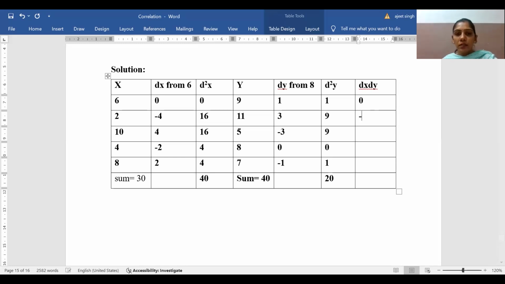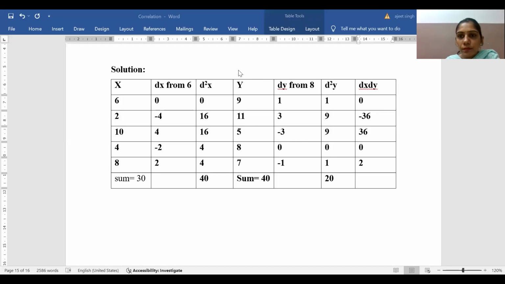Minus 4 into 3 is minus 12, 4 into minus 3 is minus 12, minus 2 into 0 is 0, and 2 into minus 1 is minus 2.